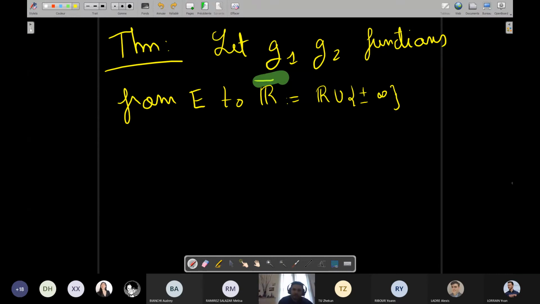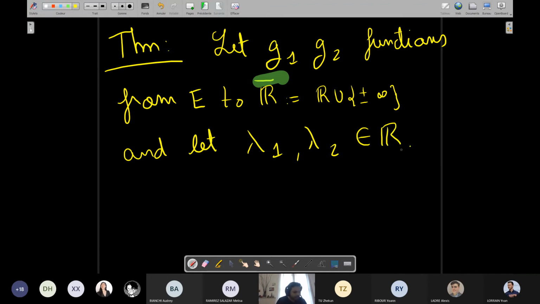And let lambda 1, lambda 2 be real numbers in R. The expectation is a linear operator.